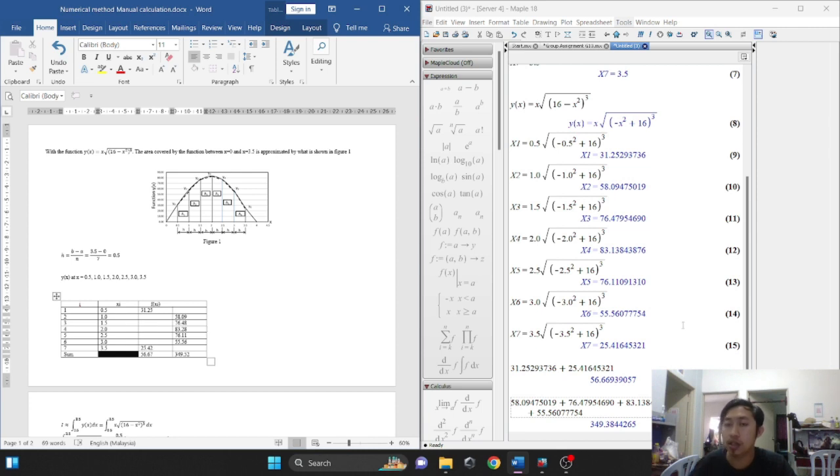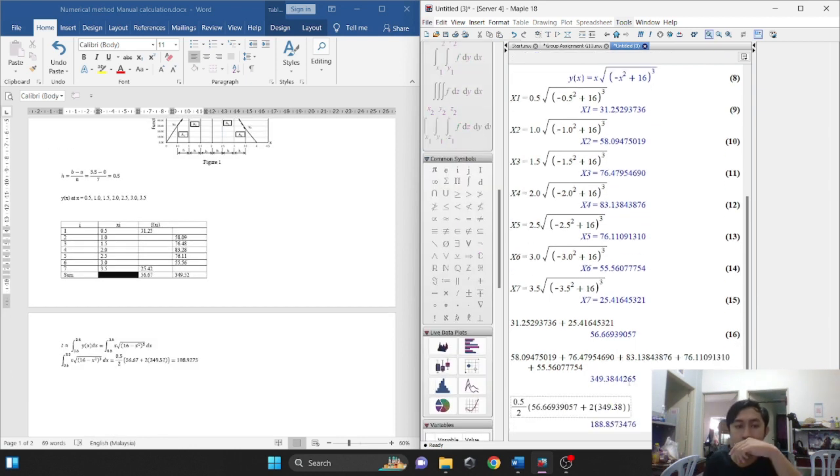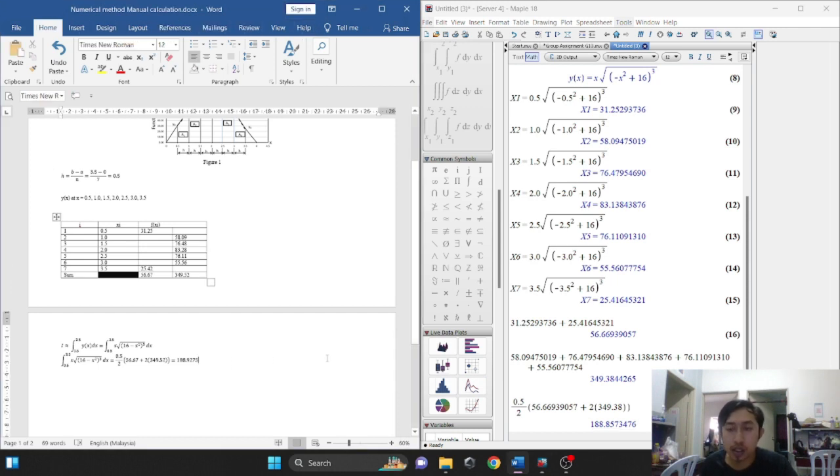And then for the value of integration, I press, and we got 188.85. So same with this integration.